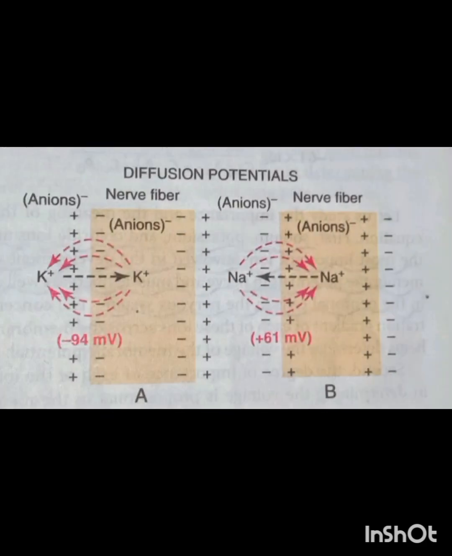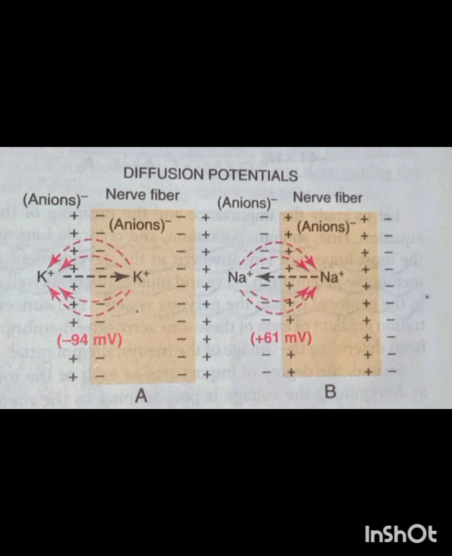In order to understand this, let's take the example of a nerve fiber membrane. We know that the potassium concentration is high inside the membrane, whereas it is low outside the membrane. We assume that the membrane in this instance is only permeable to potassium ions, but not to any other ion.